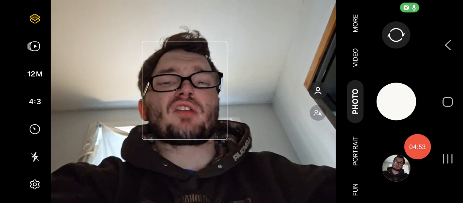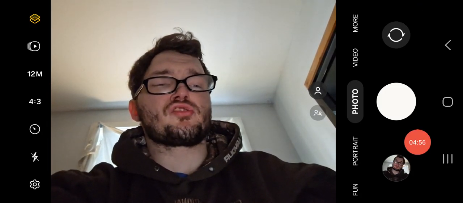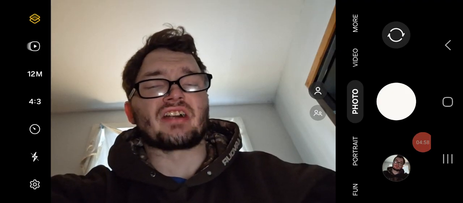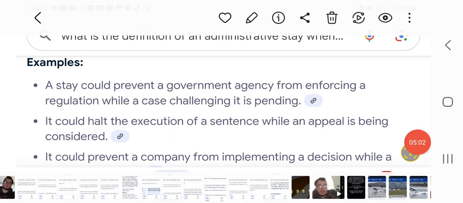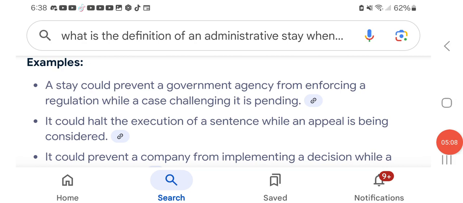Ladies and gentlemen, we're now about to look at some examples. Some examples might include: a state could prevent a government agency from enforcing a regulation while a case challenging it is pending.